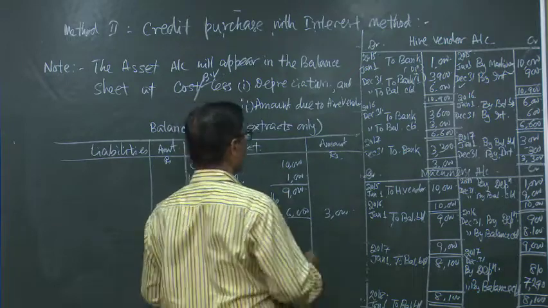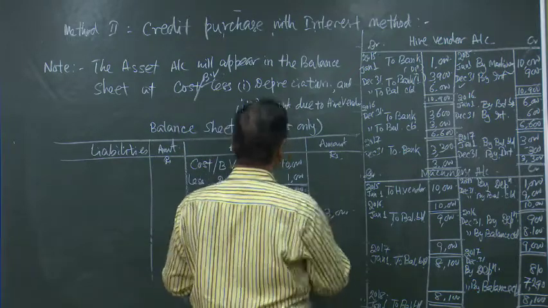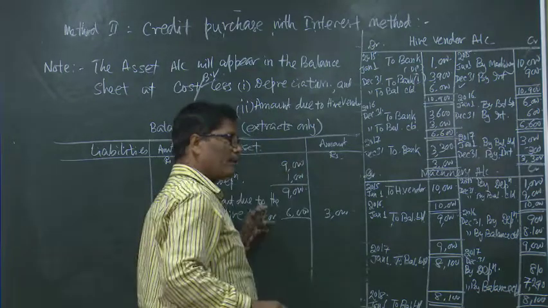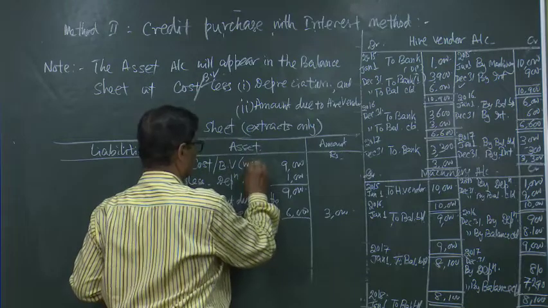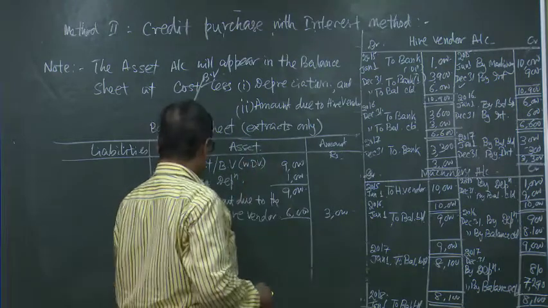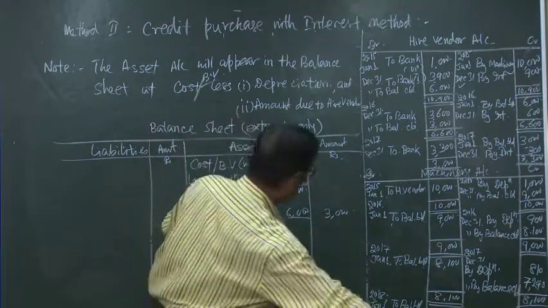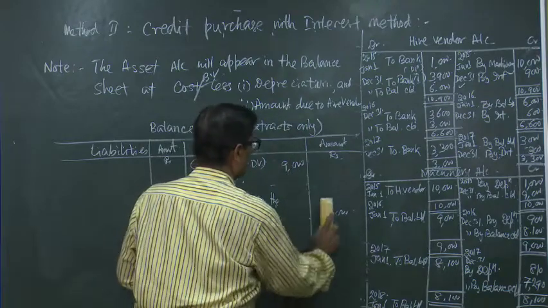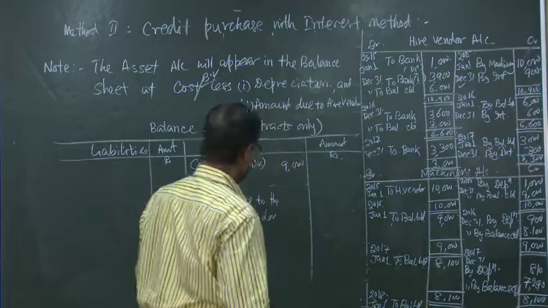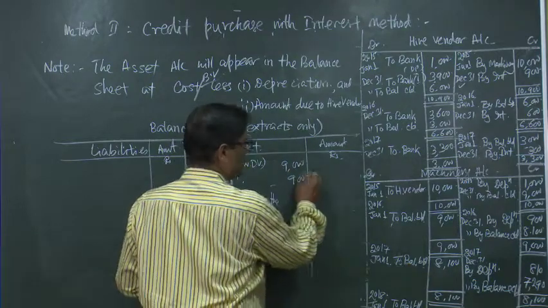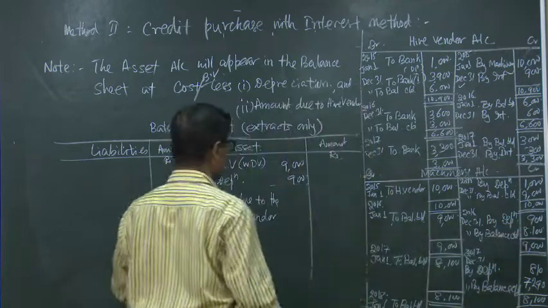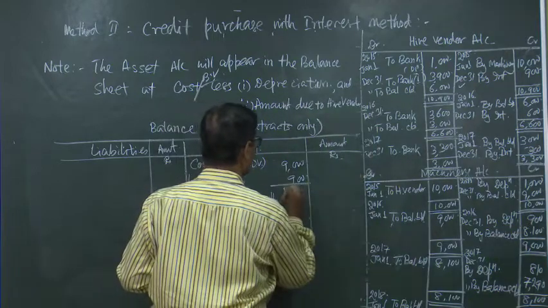So, in the second year we can show it at 9,000, that is the written down value, less depreciation. And what is the depreciation of the second year? The second year's depreciation will be 900. We can see it here. 900 is the second year depreciation. So, it should be 8100.